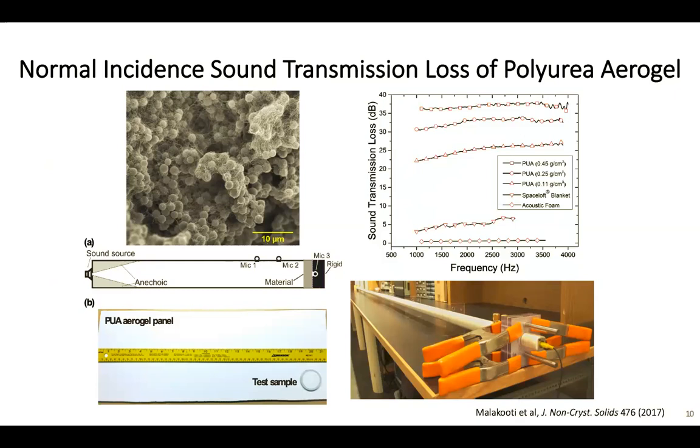Sound transmission loss, by definition, is the sound energy reduction from the sample. Since the sound waves hit the sample at normal incidence, it is called normal incident sound transmission loss. The sound transmission loss of polyurea aerogel is much higher than that of Space Loft blanket, which is a silica-based sample made by Aspen Aerogels, and typical acoustic foam. Acoustic foams show no sound transmission loss at all in this range of frequencies.